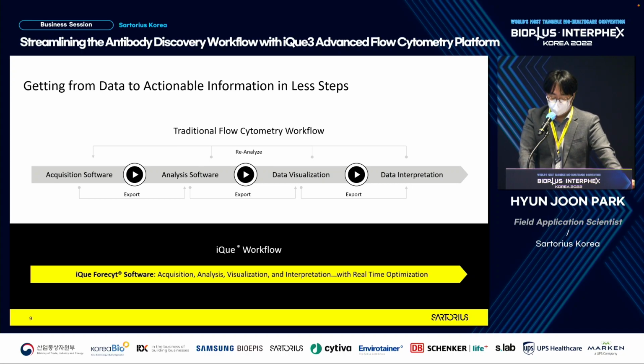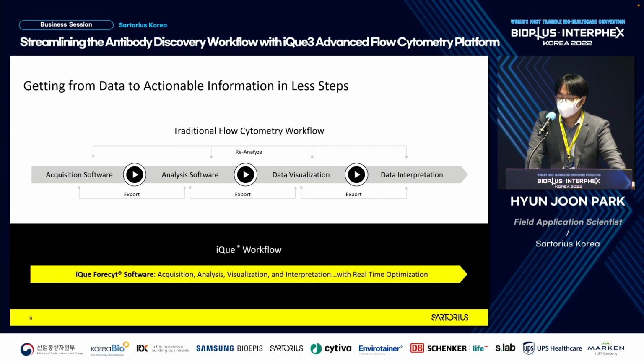When it comes to software, in the previous cytometry analytic systems, you were using third-party systems, not your own, and you have to have the data transport and the interpretation. So it requires 2 or 3 steps until the final stage.